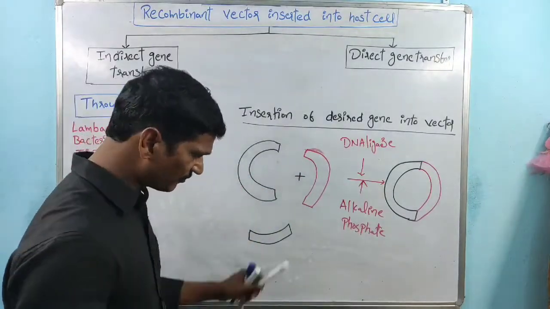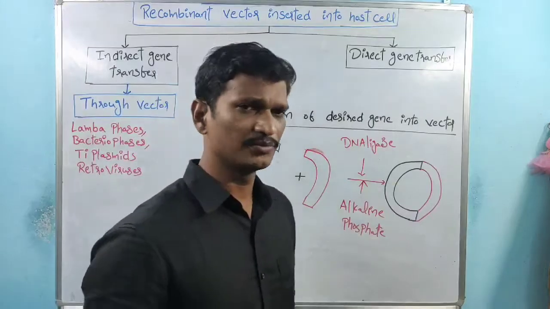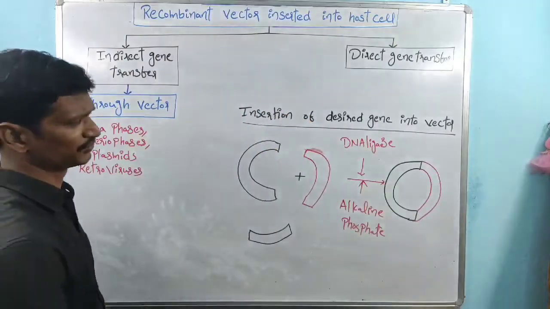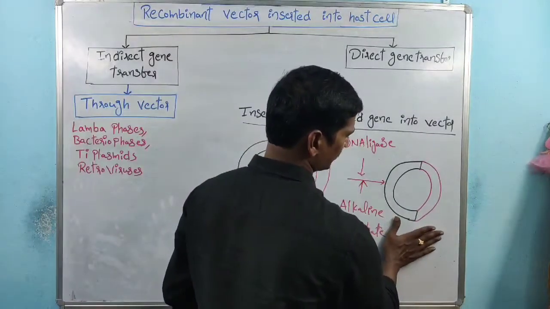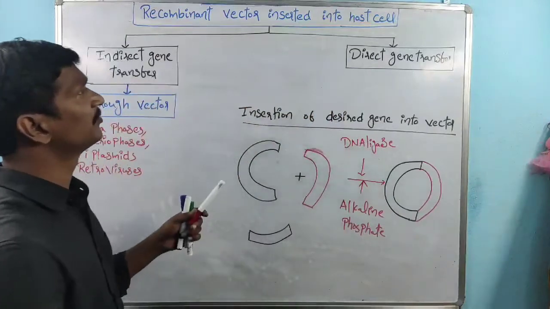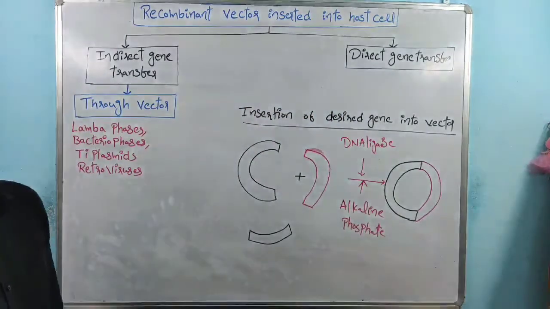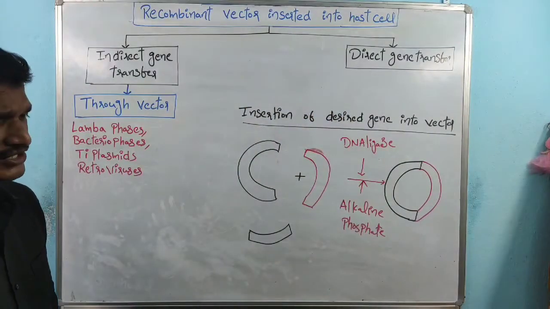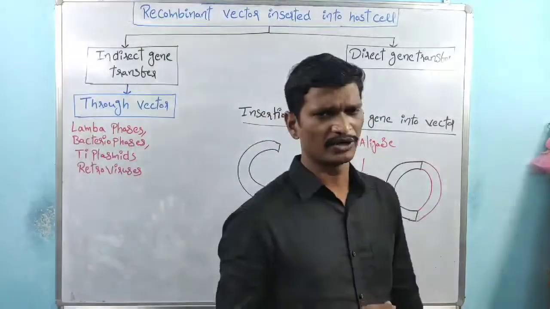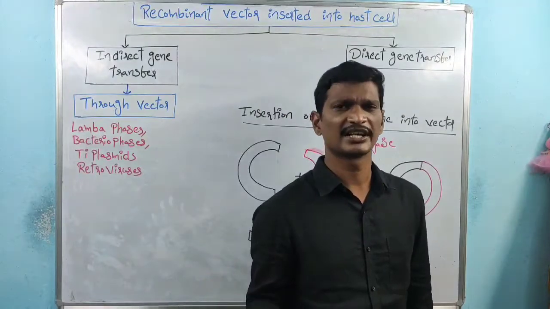Now, after this step, the very next step is the recombinant vector. This one is called the recombinant vector. The recombinant vector is inserted into the host cell. Remember, two methods are there. One is vector mediated gene transfer.